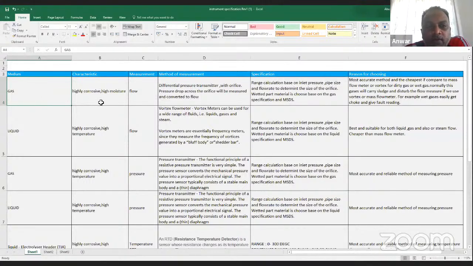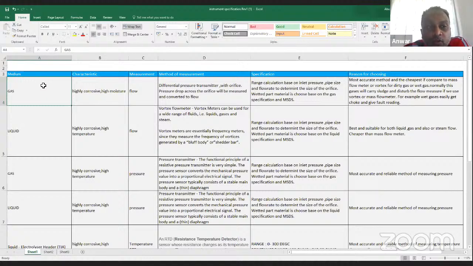Okay, we have a gas medium. Here, to be exact, it will be liquid chlorine. So for liquid chlorine, this instrumentation measures the flow of this gas. It is basically highly corrosive, and also it carries a lot of moisture, and it is also quite hot, at a temperature of above 80 degrees.